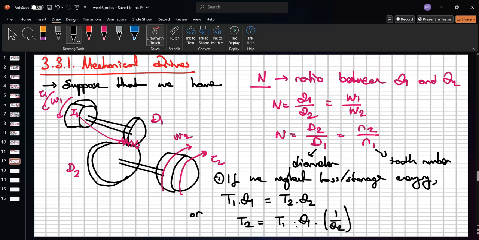Theta 1 over theta 2 is equal to n, or we can write n times T1. Because if we know torque 1, we can easily say that torque 2 is equal to this one, because we have a linkage here, right?